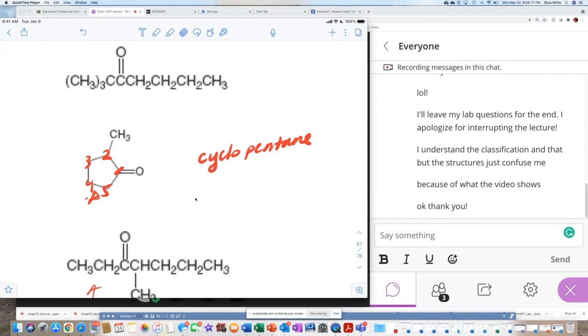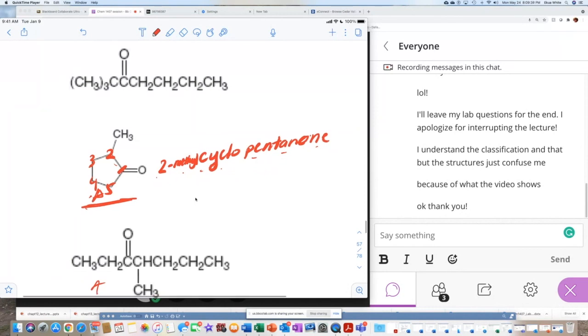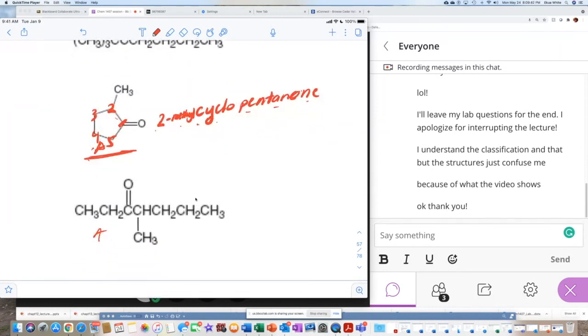Replace the E with one, pentanone, cyclopentanone, and then we have a 2-methyl. So 2-methyl cyclopentanone. Make sure you count the carbons. Don't assume how many they are, because some of you are missing those small things by just making assumptions.